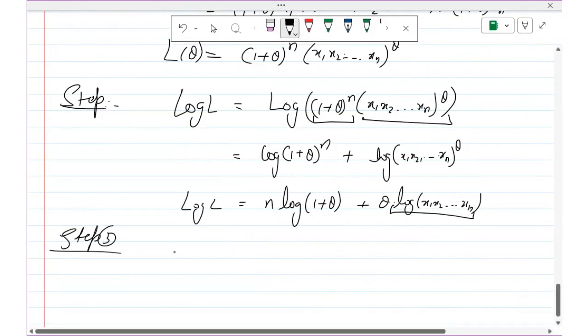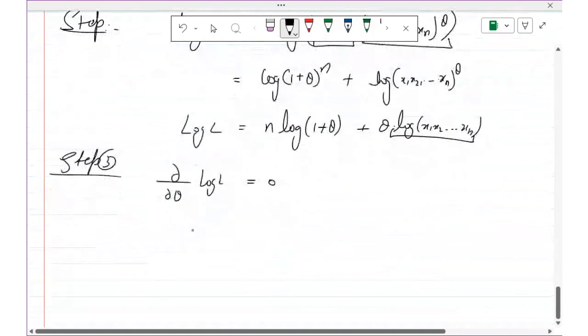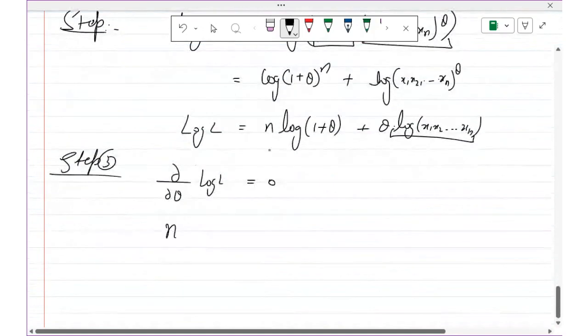We will find the derivative of this log L, and keep it equal to 0 so that we can find the point where this function is maximum. So n as it is, and the derivative of log of 1 plus theta with respect to theta is 1 upon 1 plus theta into the derivative of the inside function.